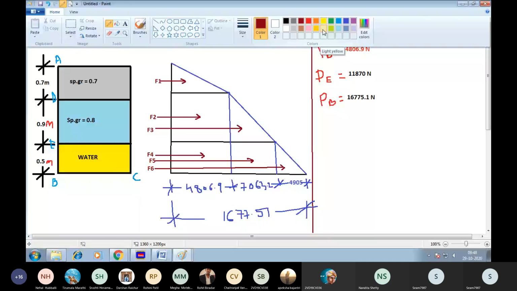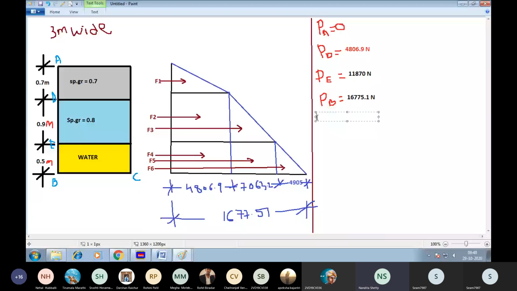What is F1? 14.08, ma'am. Check it once. 2/3 of 0.7 is equal to how much? Into area, base into height.